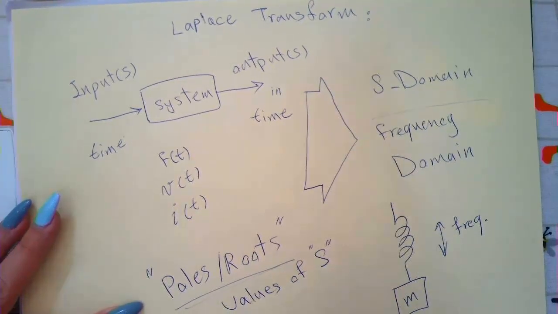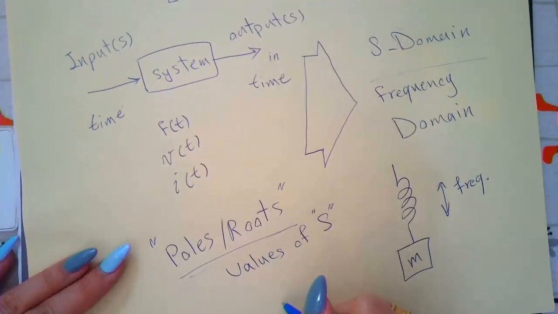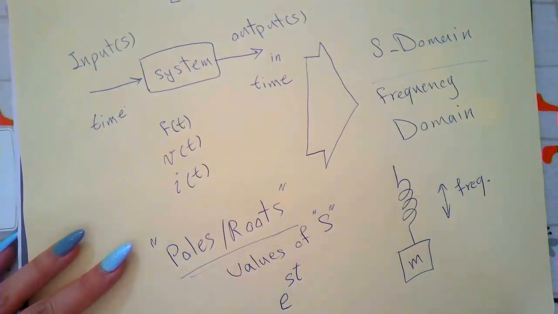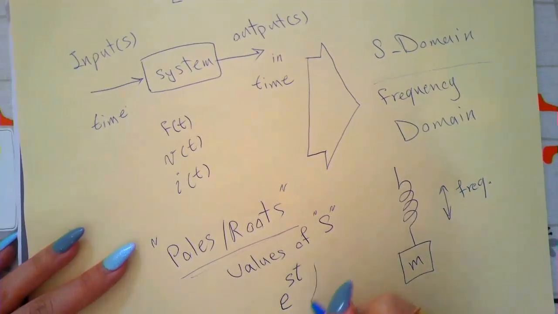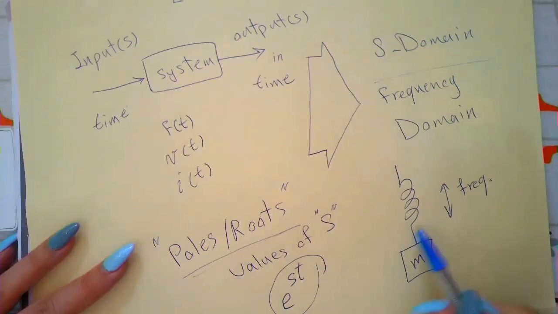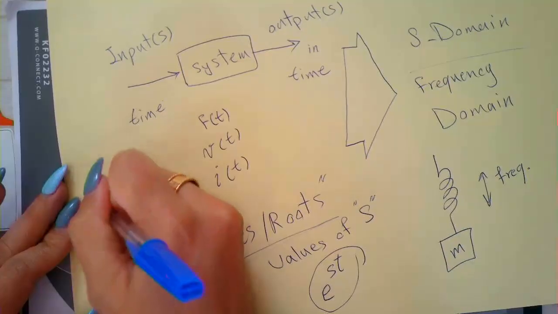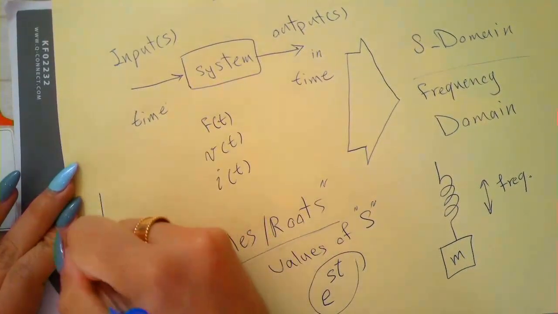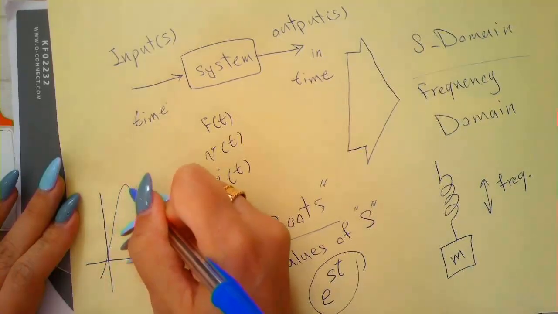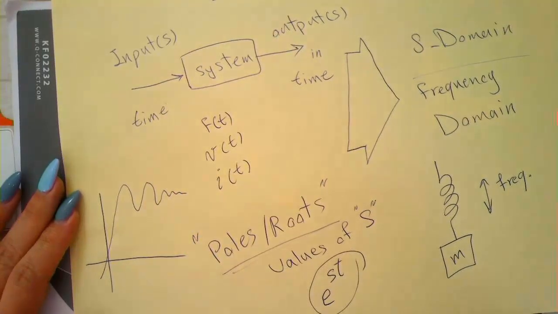All right. So the value of S is going to sit on the exponential of st when we convert it back, and this exponential is referring to the oscillation and settling down of the system. If you remember, when we were looking at responses, we often looked at the immediate response of a system, and we were looking at the oscillation and settling down response.